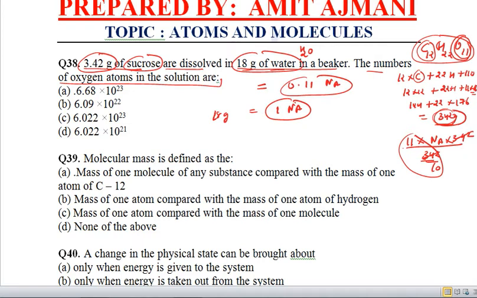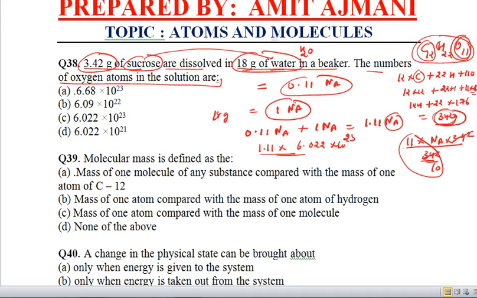So the total number of oxygen atoms in the solution formed by sucrose and water will be 0.11 mole of oxygen from sucrose and 1 mole from the water, which comes out to be 1.11 moles. Simply multiplying it, 1.11 multiplied by 6.022 into 10 to the power 23.